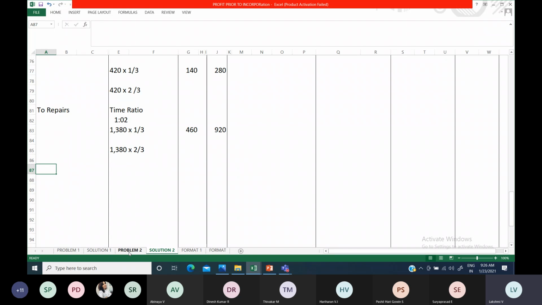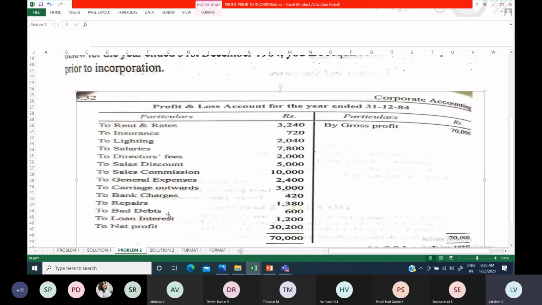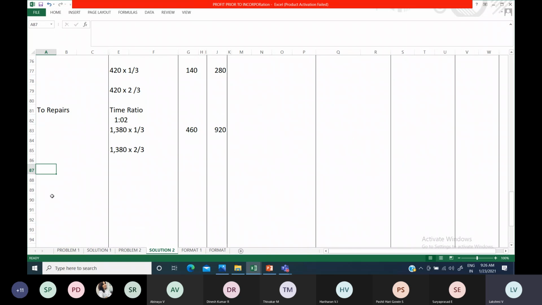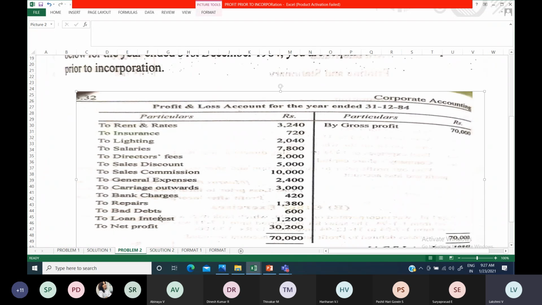So next after repairs, bad debts. This has to be done based upon sales ratio again. Okay, so bad debts, sales ratio 3:7. Okay, so the amount for bad debts is 600.